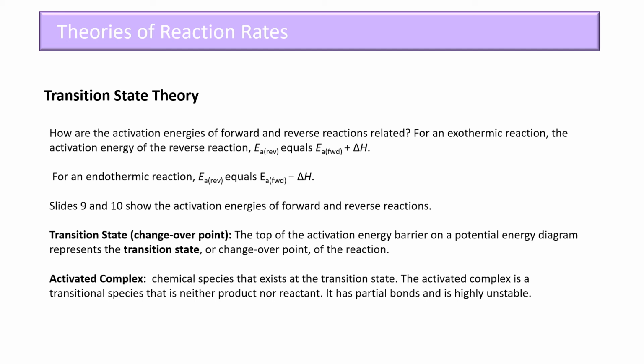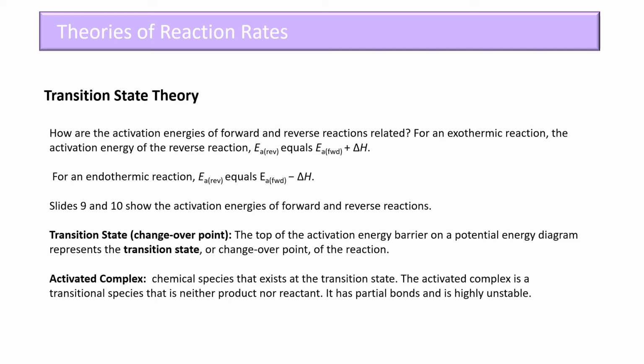For an exothermic reaction, the activation energy of the reverse reaction, EA reverse, equals the activation energy forward plus the change in H. For an endothermic reaction, the activation energy reverse equals the activation energy forward minus delta H. So slides 9 and 10 show the activation energies of forward and reverse reactions.